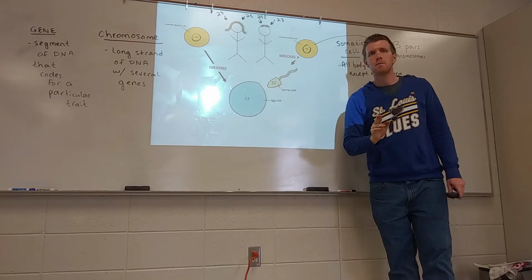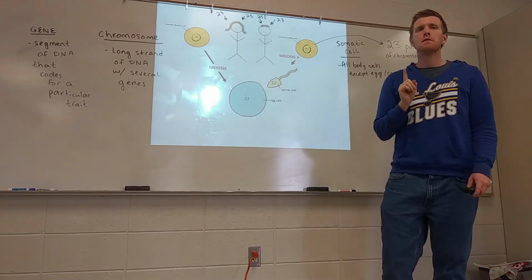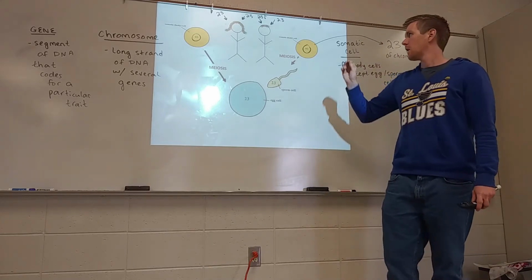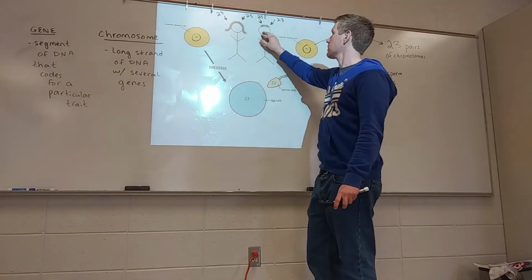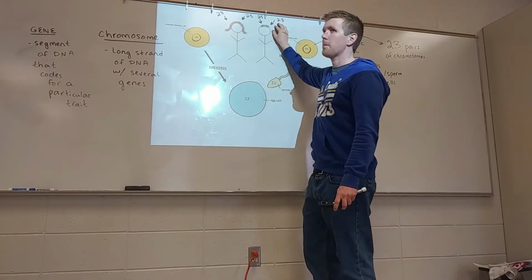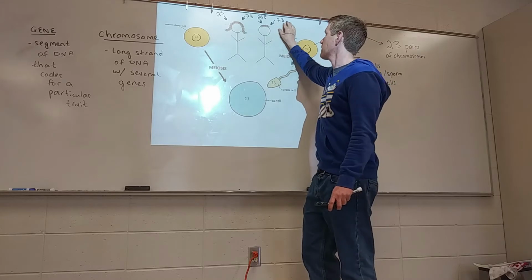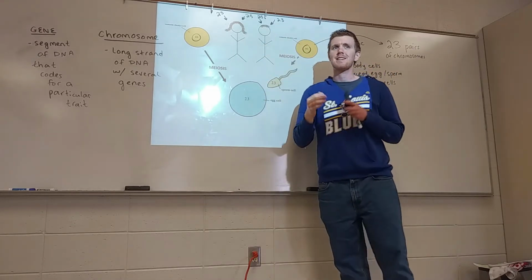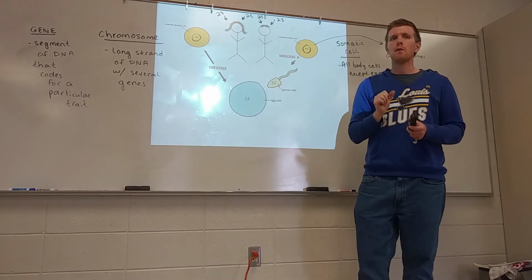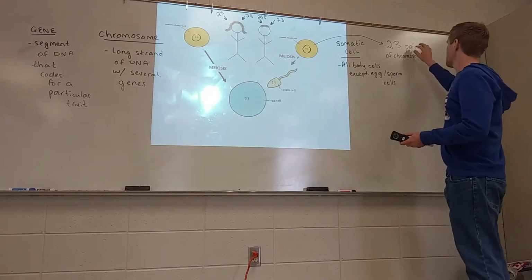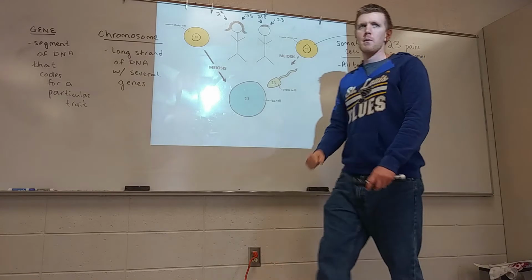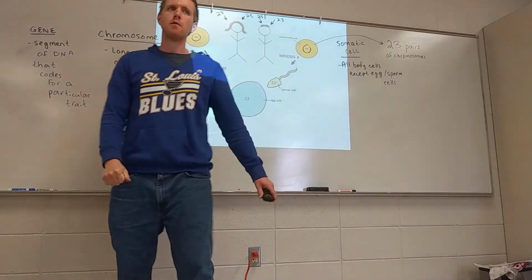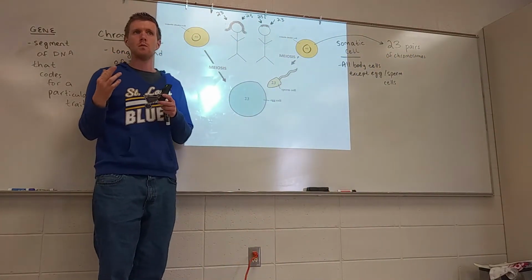This is going to oversimplify, but let's say there was one gene for eye color. Dad here could have one copy of the gene for eye color that he got from his father that codes for blue eyes and one that codes for brown eyes. He's got both, a blue and a brown eye gene. One member of the chromosome pair that has the gene for eye color would have that blue version.